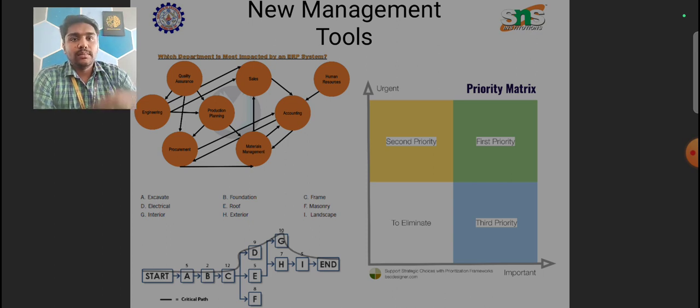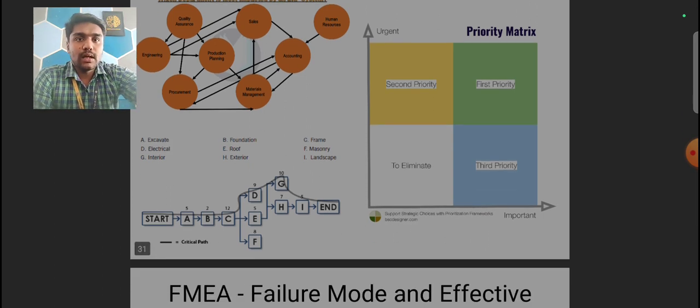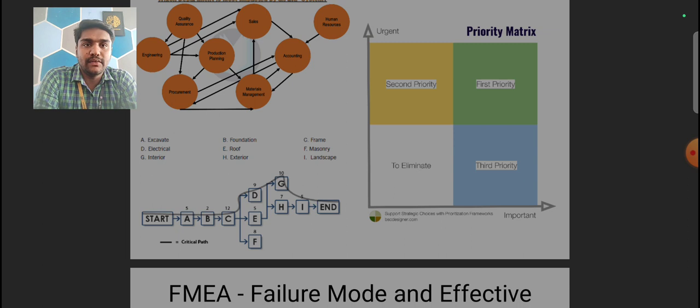The next one is critical part analysis. In critical part analysis, we progress from the starting point to the ending point, say A, B, C, D. The order can be in any form, but the process flow has to be carried out based on the criticality of product manufacturing.